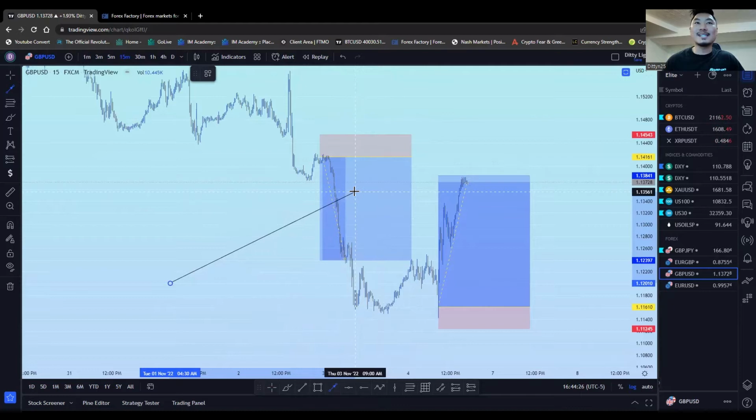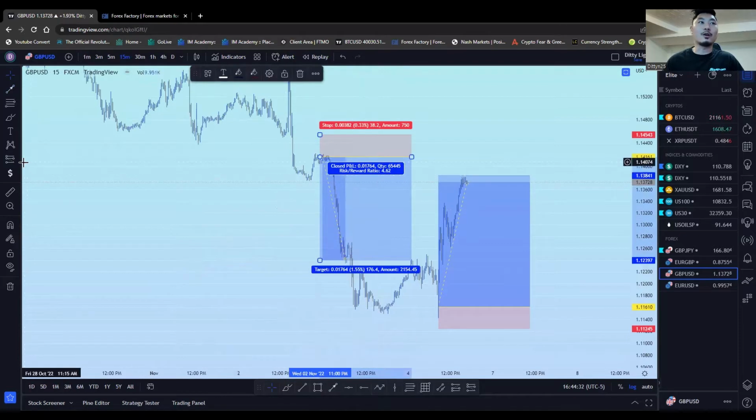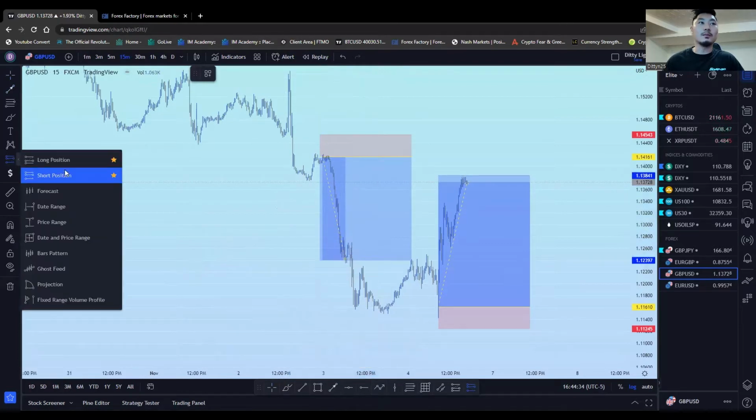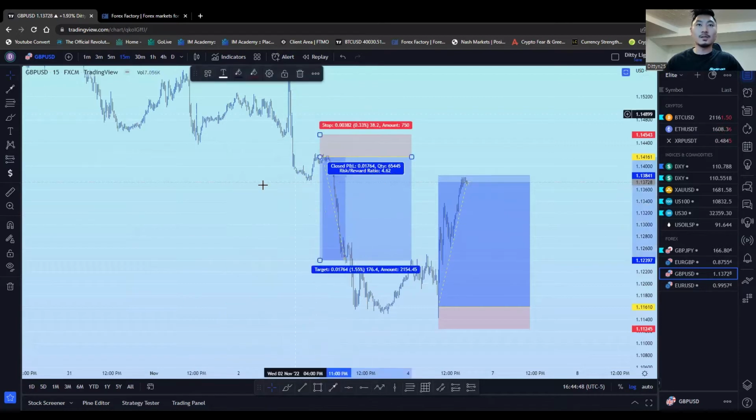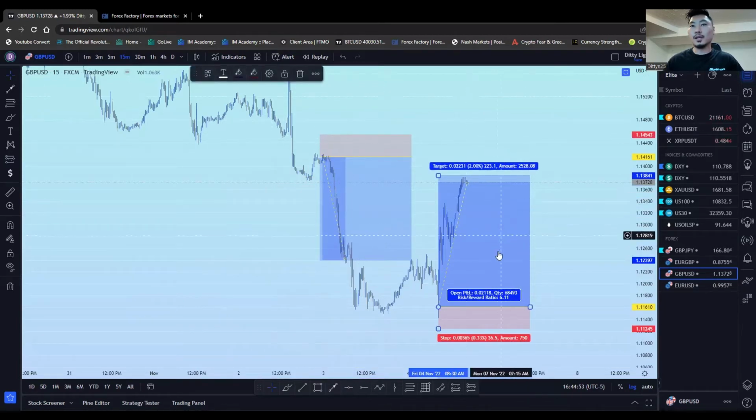Short starts with S, and sell starts with S. So that's what helped me at the beginning to know that a short position is a sell and long is a buy. So in trading, you can either take a short position or a long position. So this one simulates a short position, and this one simulates a long position.